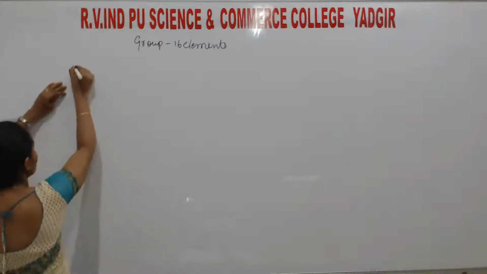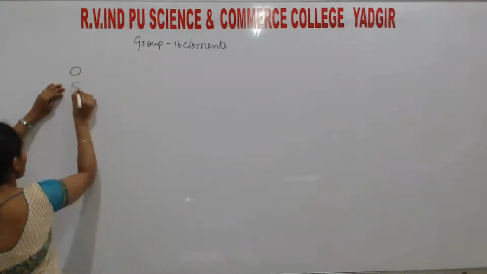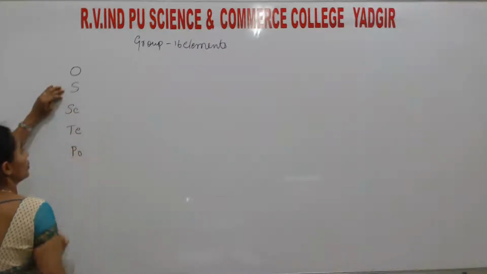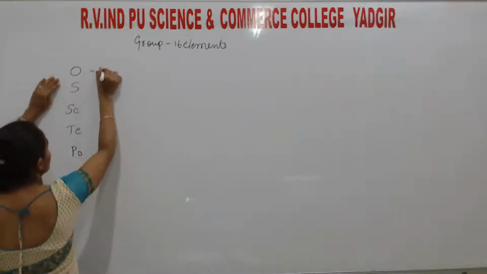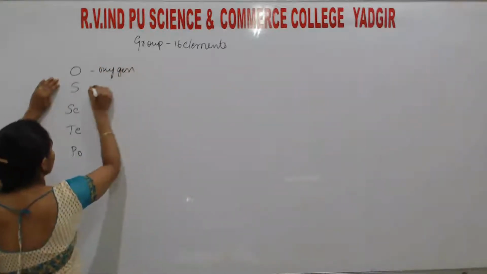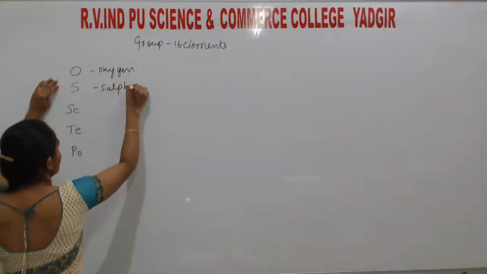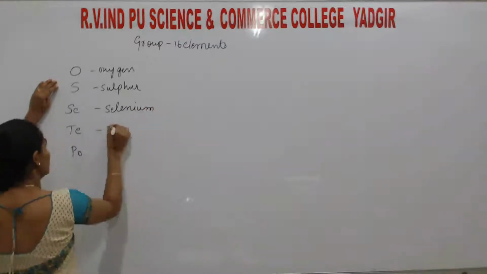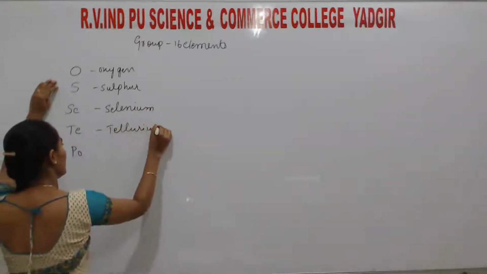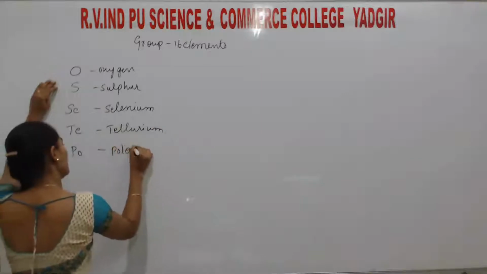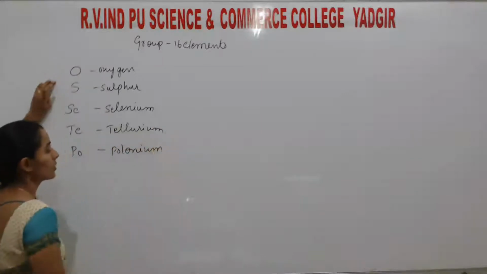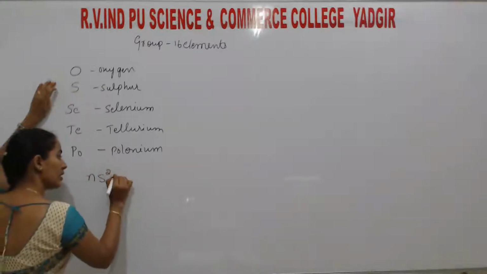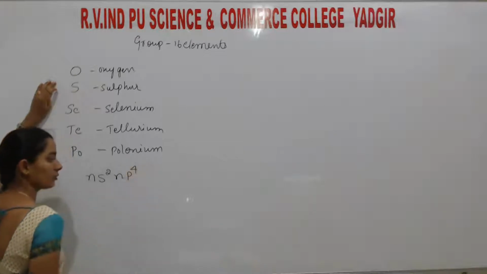These are oxygen, sulfur, selenium, tellurium, and polonium.